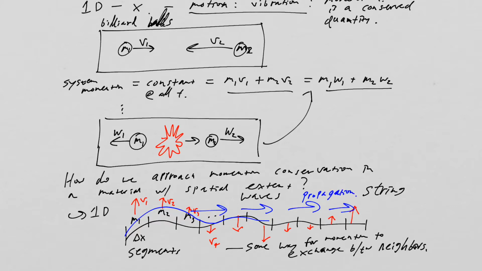All right, so let's see if we can figure out how to formalize this. How do we model wave propagation? Again, what we're really trying to do is figure out what the actual math of this is.